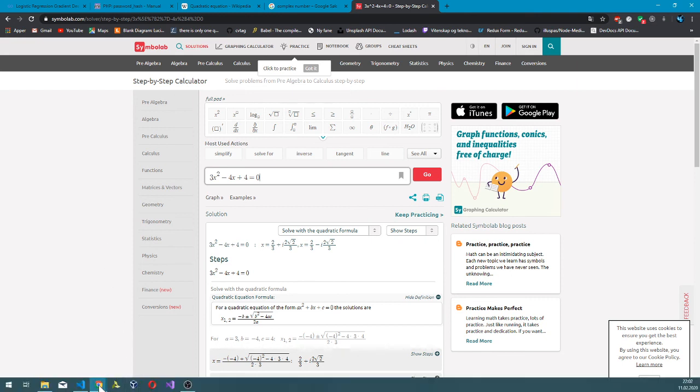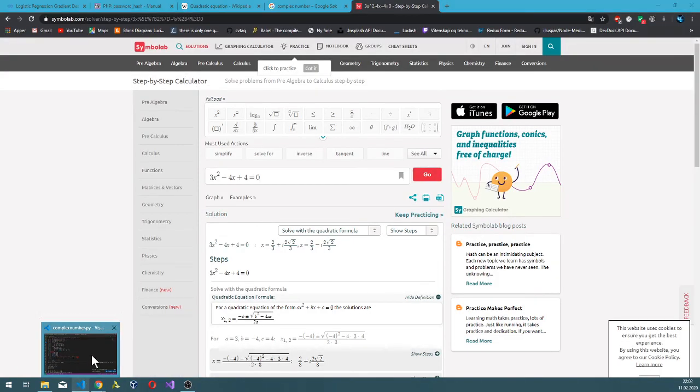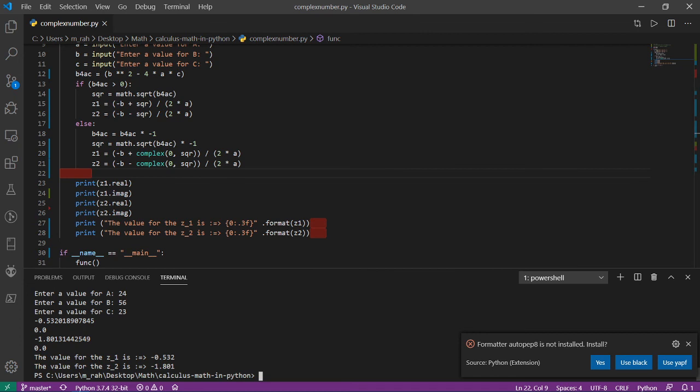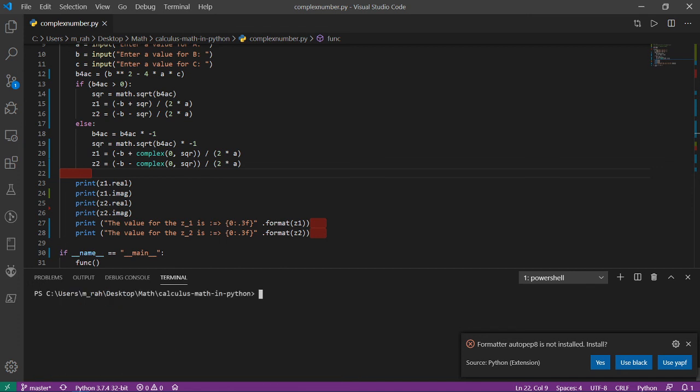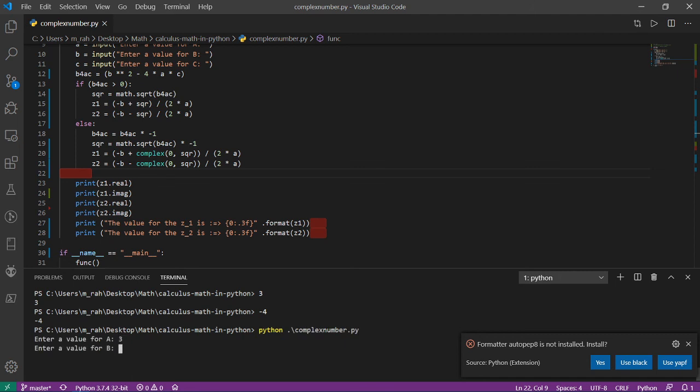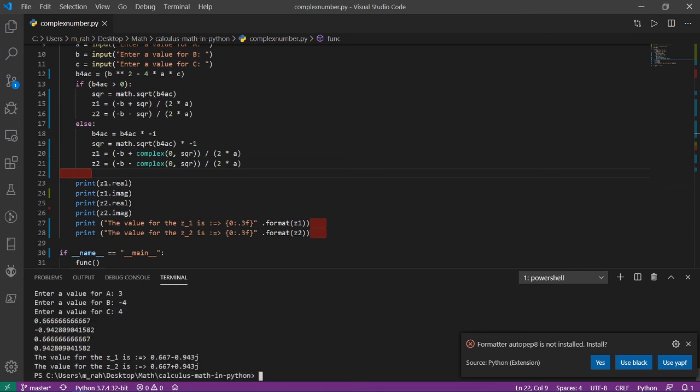So if we go to our program, we clear it and run. 3, minus 4, minus 4. So if you see, we have this value and this value.